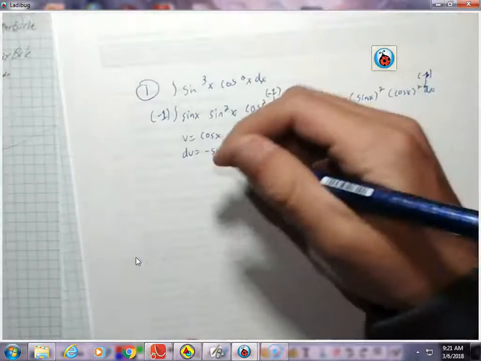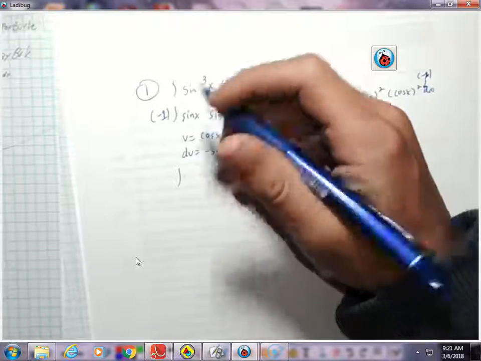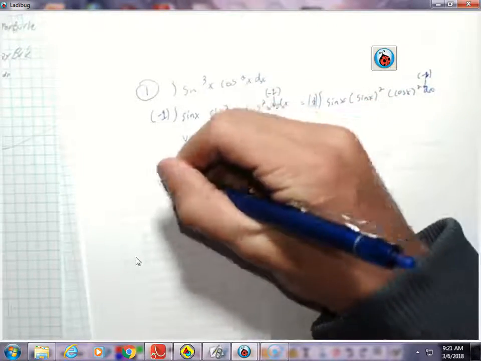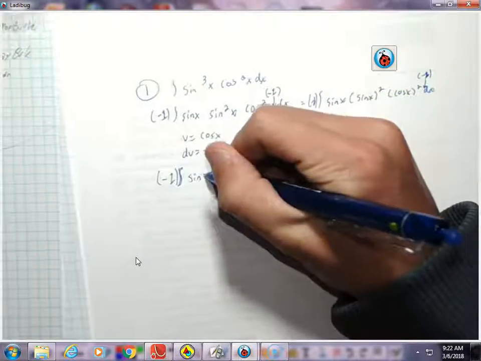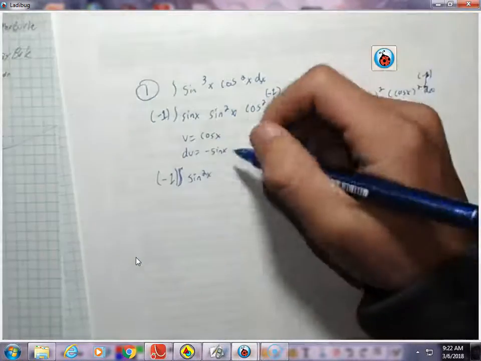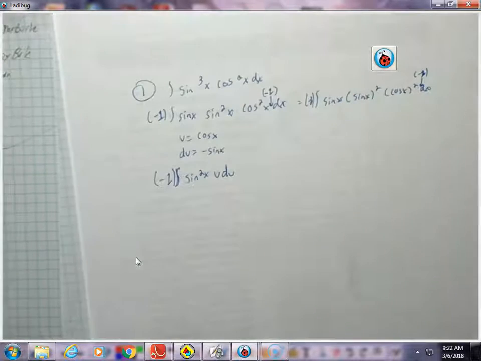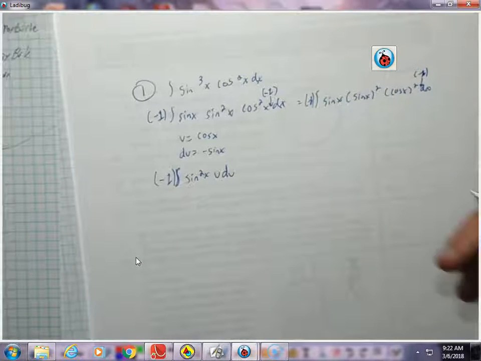Okay, and then what you find is you have negative 1 times the integral of sine squared x du. From that point, this is what I did.